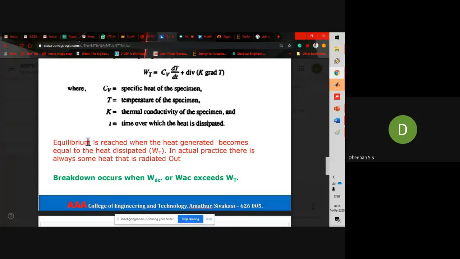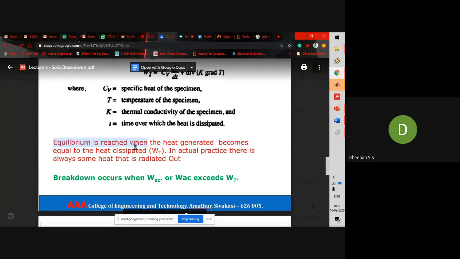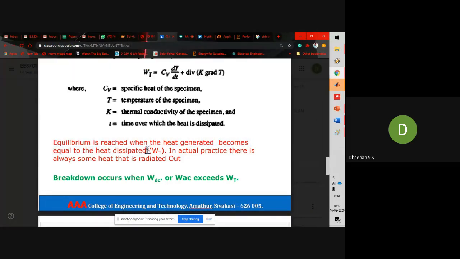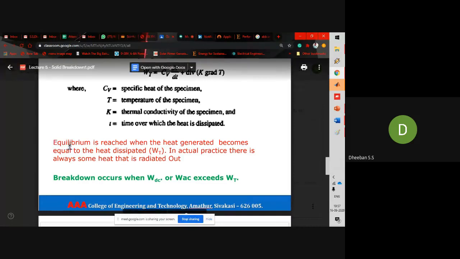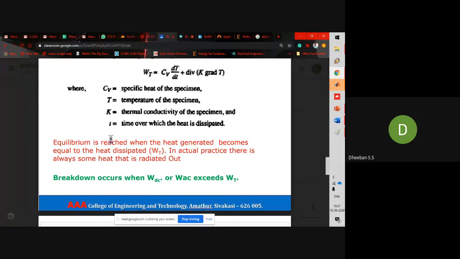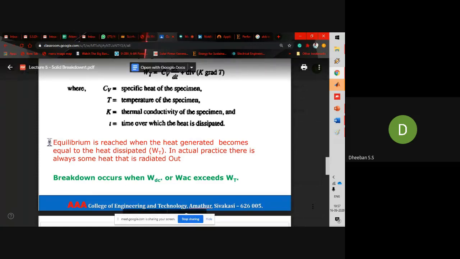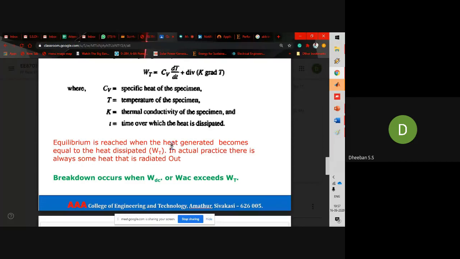What we'll be saying is equilibrium is reached when the heat generated becomes equal to the heat dissipated. So this is a very, very important concept. This one you have studied in your chemistry, as a particular law. I can't recall it, but it refers to a particular law in chemistry that you have already studied. That is equilibrium.